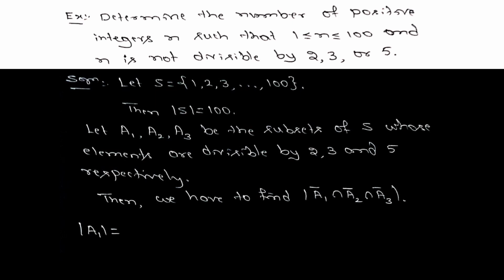Now let us find the cardinality of A1. Cardinality of A1, that is how many positive integers are there between 1 and 100 which are divisible by 2.